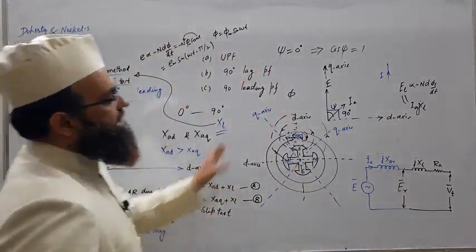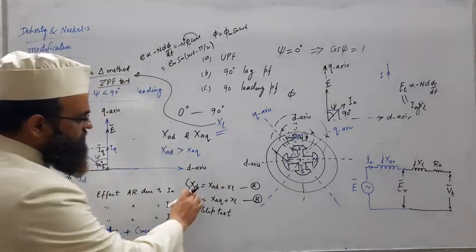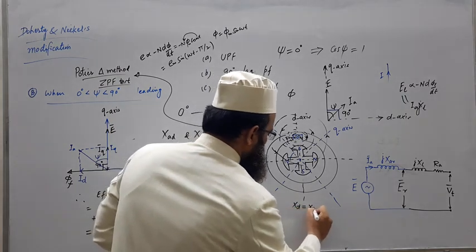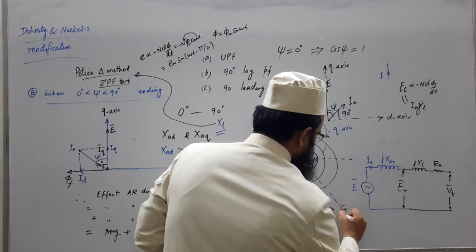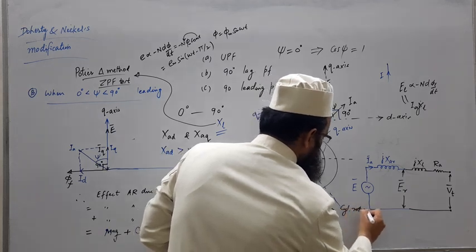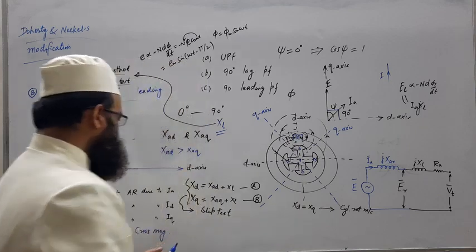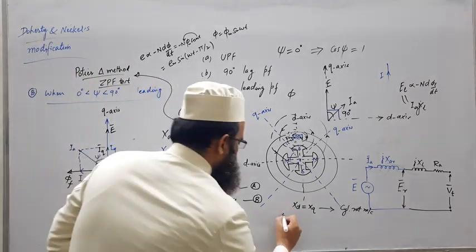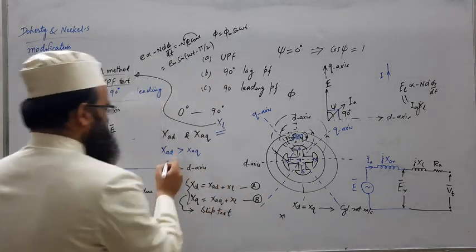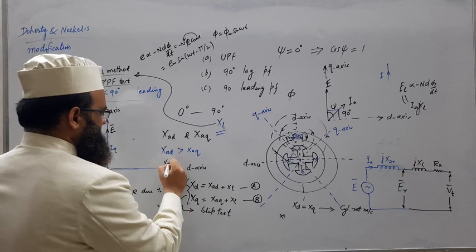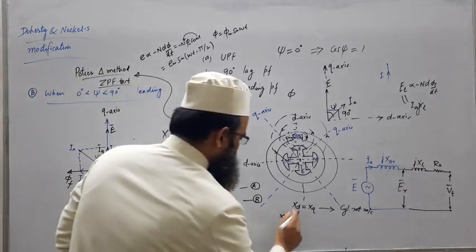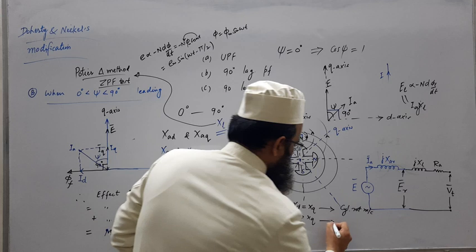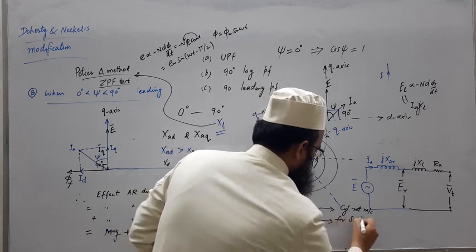In the case of a cylindrical rotor machine, these two, XD and XQ, will be equal. XD will be equal to XQ for a cylindrical rotor machine, whereas XD will be greater than XQ for a salient pole machine.